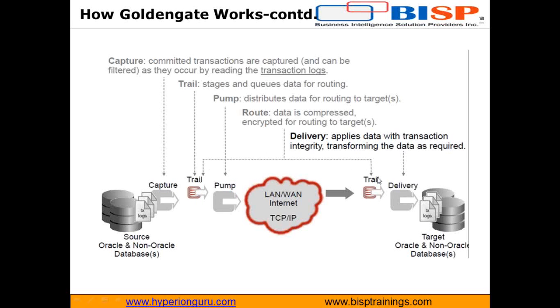Now the remote trail consists of data 1 comma ABC. Then the delivery process will read 1 comma ABC out of your remote trail and apply it to the target database. So 1 comma ABC was committed at source and got applied on the target database with the help of 3 GoldenGate processes: capture process, data pump process and delivery process.